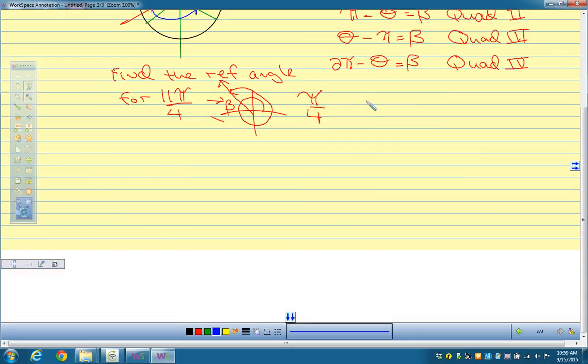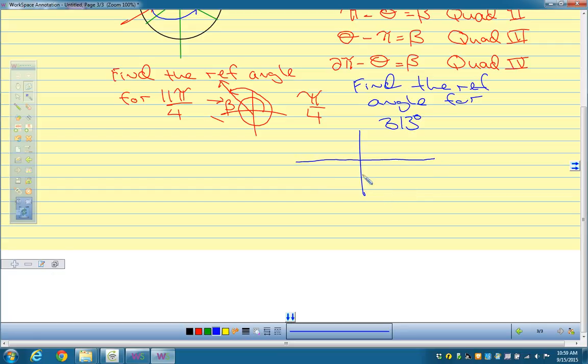Let's do one real quick one. Find the reference angle for 313 degrees. Really easy. Okay? Remember, you're looking for the angle. So that's why I don't like to use formulas, because people just blindly plug in.